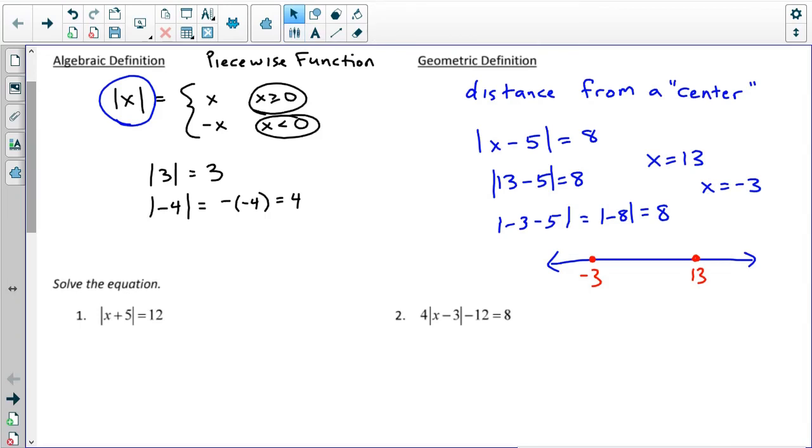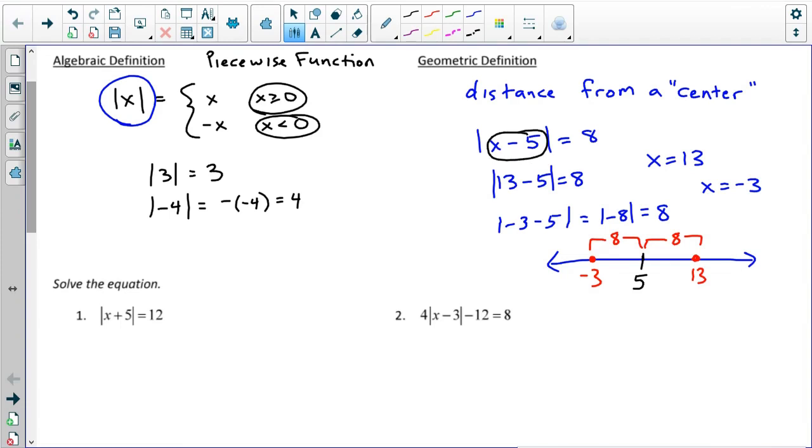Essentially what I want to figure out right now is what is the center. I need a distance of 8 from both sides. Something that is a distance of 8 from both sides is 5. So my center is 5.